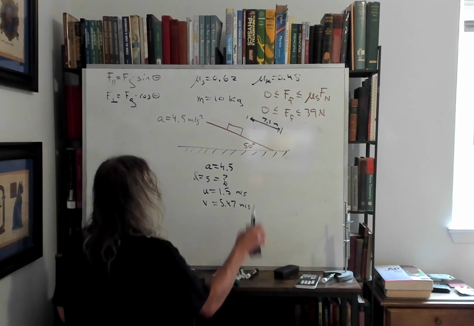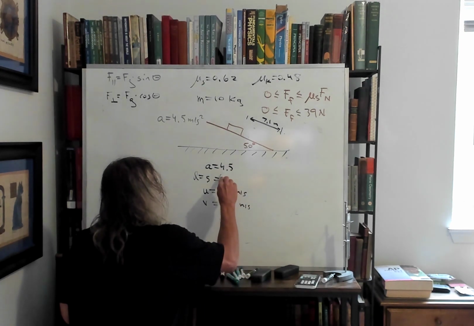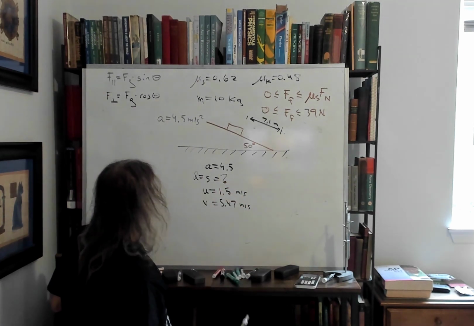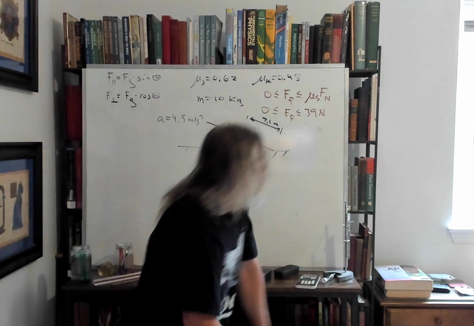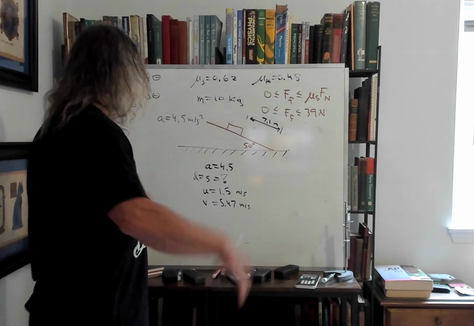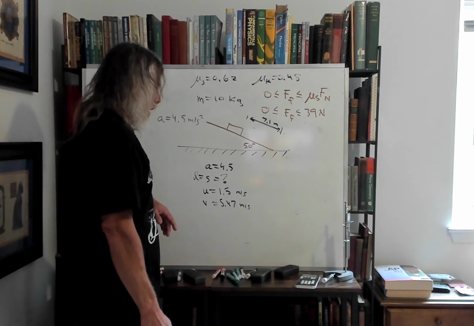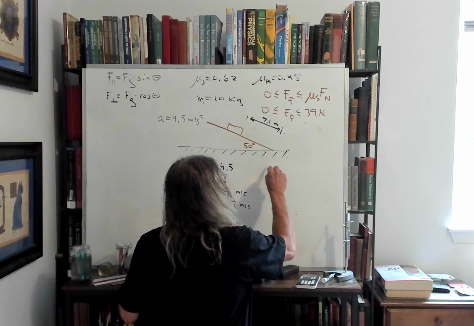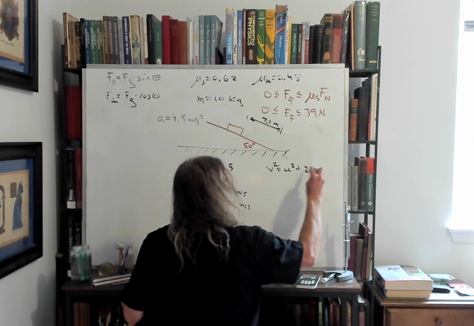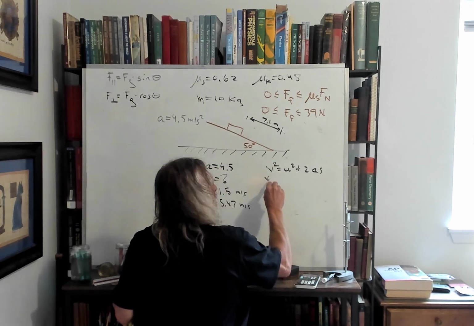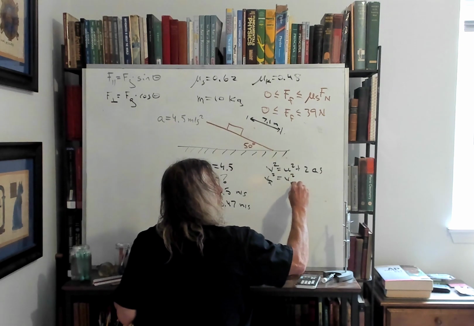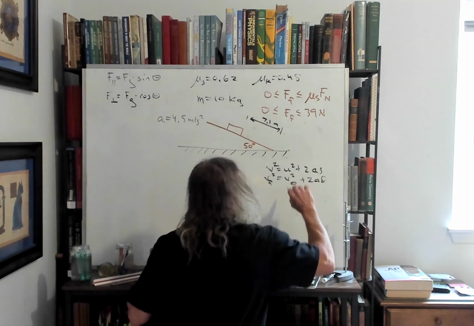So let's say we want to figure this out. How far does it travel as it goes from here to here? And again, letters, equation. Which is it? V squared equals U squared plus 2AS, or in non-IB speak, V final squared is V initial squared plus 2AD.